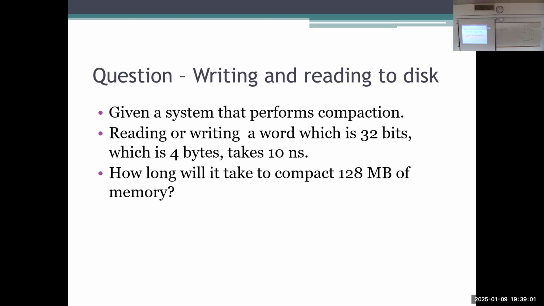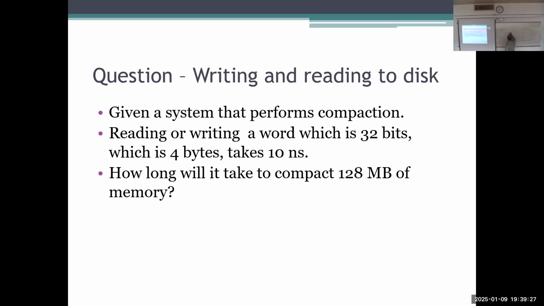Well, if you have 128 megabits. 4 bytes, why is it bits? Bytes, yeah. We have 4 bytes, so that's 32, and we have 128 megabytes. So we're gonna have 128 million, and it's gonna be 32 million.